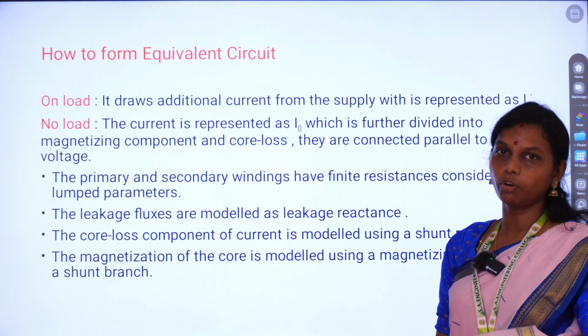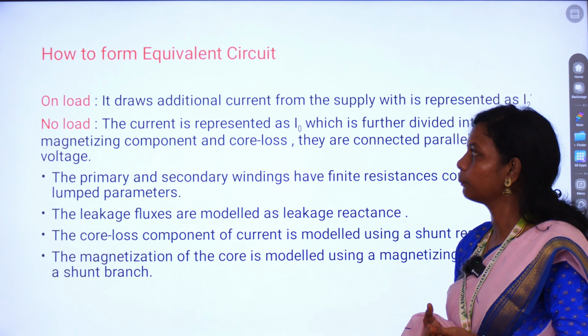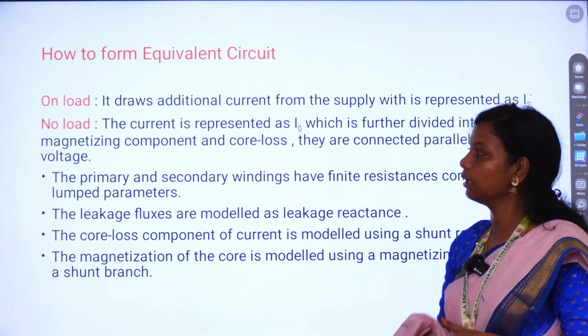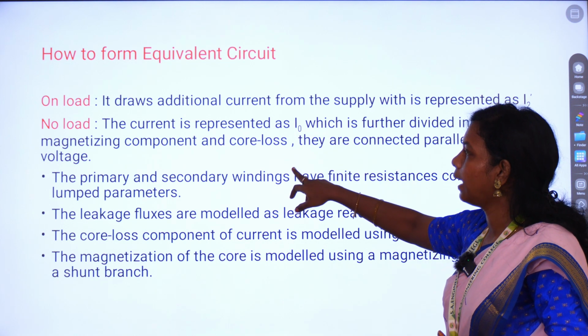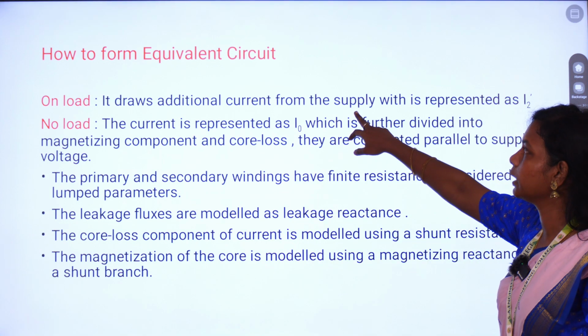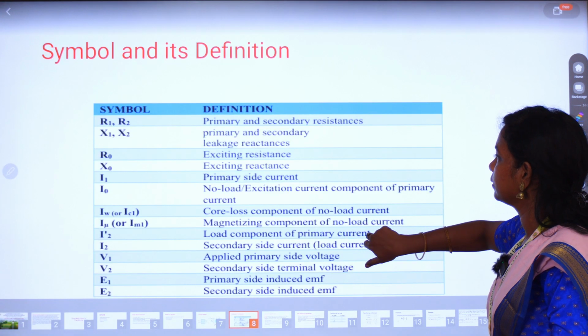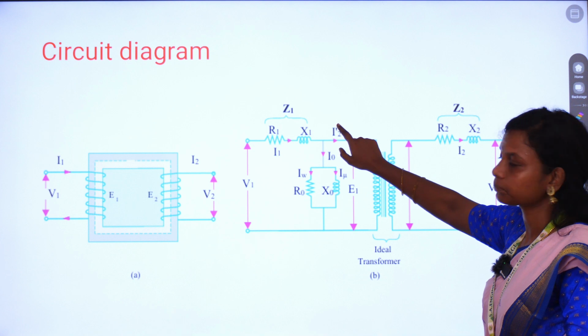So how to form the equivalent circuit? As we have already seen in the circuit, what are the conditions we have seen? On load, no load, and how the leakage fluxes are involved there. So first, on the on load condition, the I2 will be represented as I2 dash.